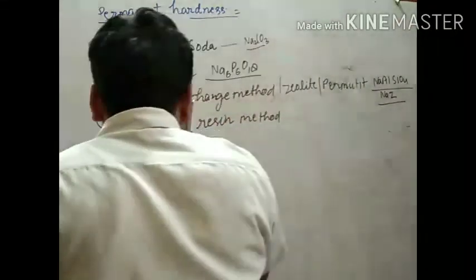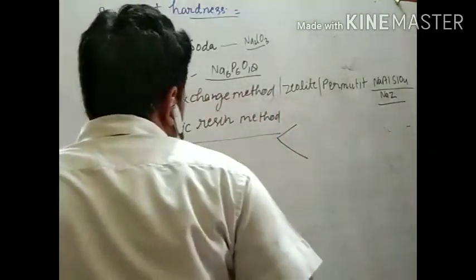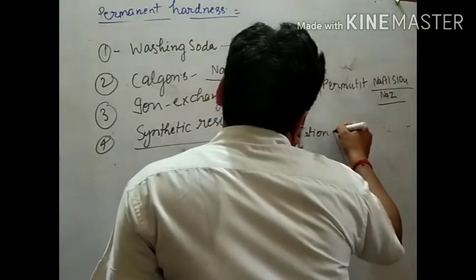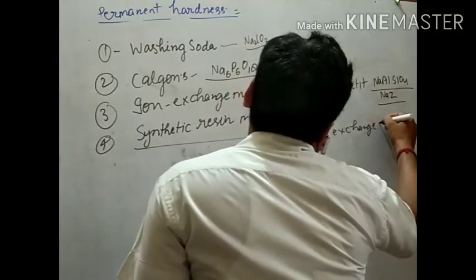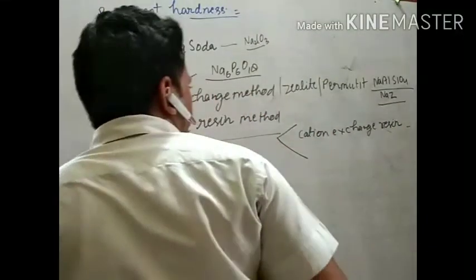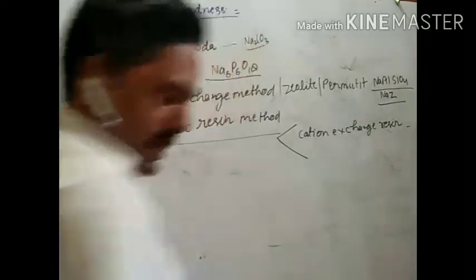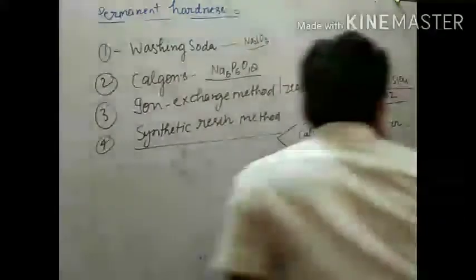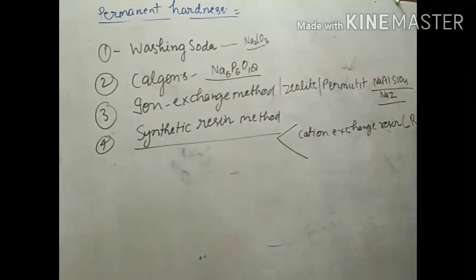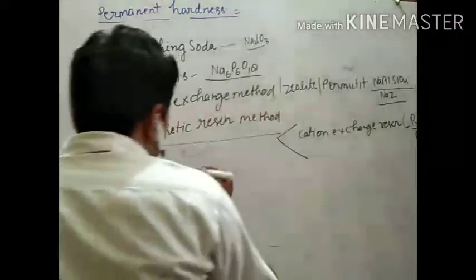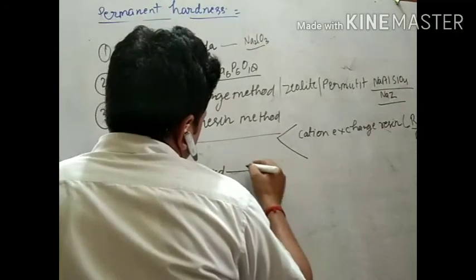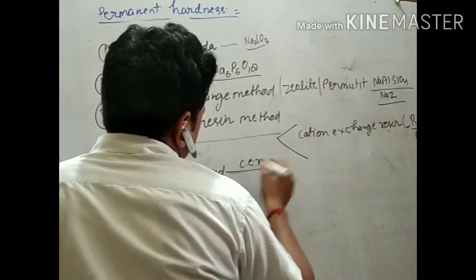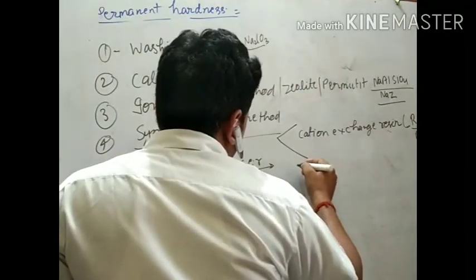And here we have used 2 resins. The cation exchange resin is made to react with NaCl, and we change it to RNa.